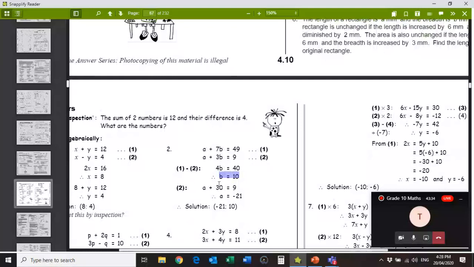So remember to get these terms on the right side, and therefore I say 9 minus 30, because the plus 30 goes over the rainbow. When it goes over the rainbow, the sign changes. So we have A is equal to minus 21. Can you see that A therefore is minus 21 and my B is therefore 10?